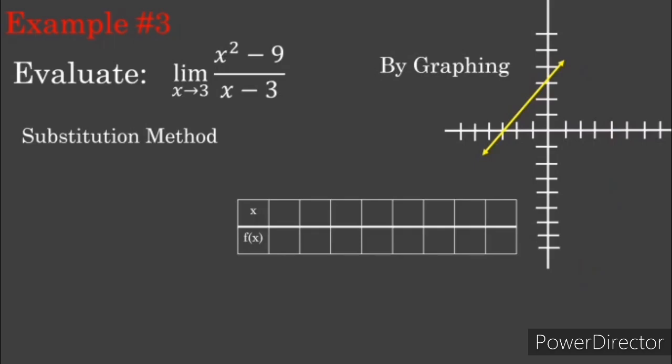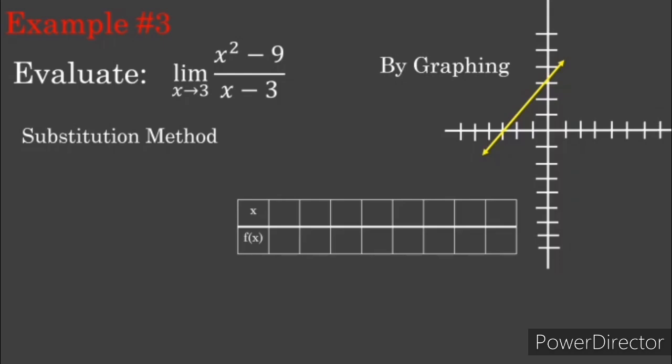Okay. Sa number 3 naman, kung mapapansin ninyo, i-evaluate natin yung limit ng x squared minus 9 over x minus 3 as x approaches to 3. Okay. So, by substitution, pwede nating i-direct substitute yan.